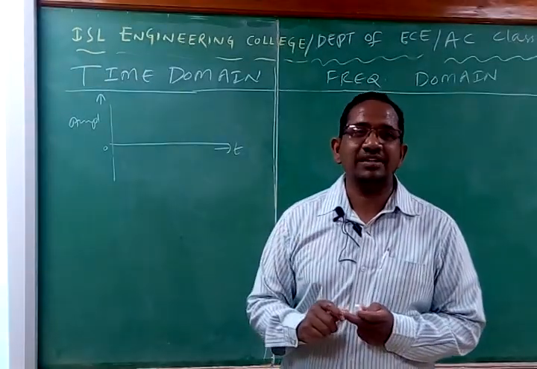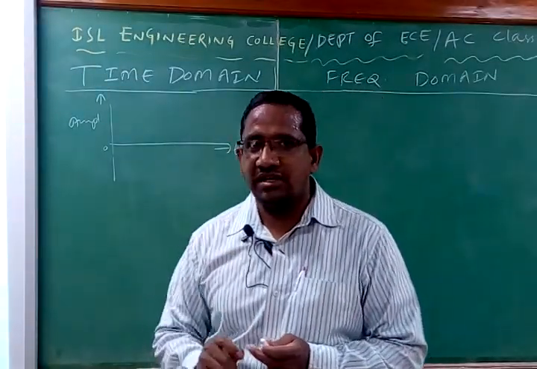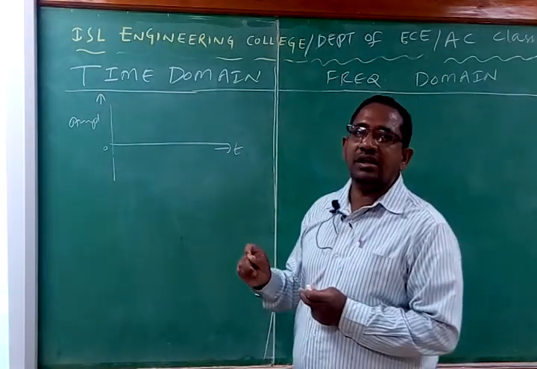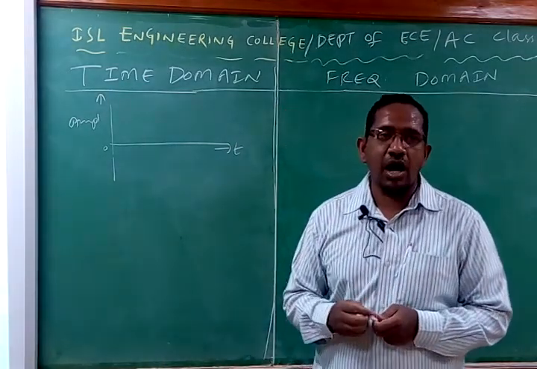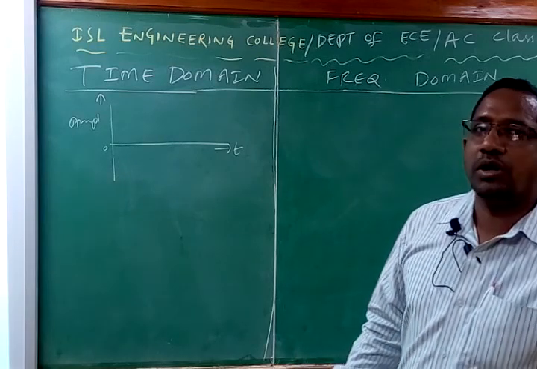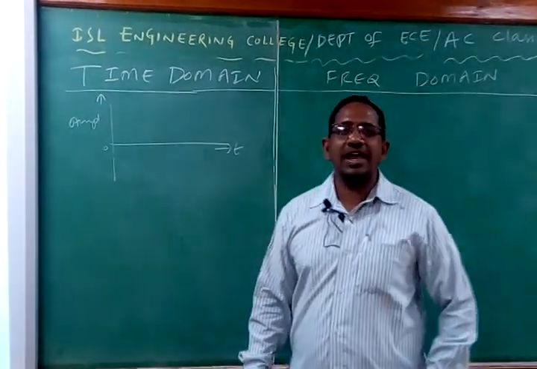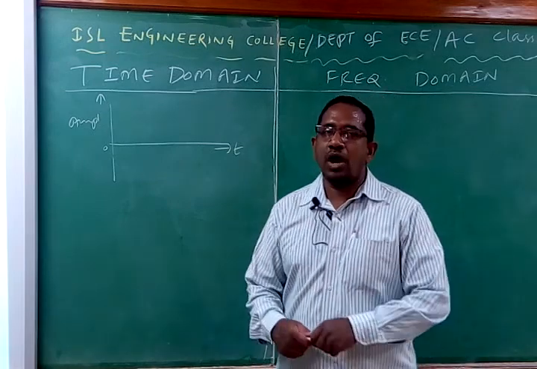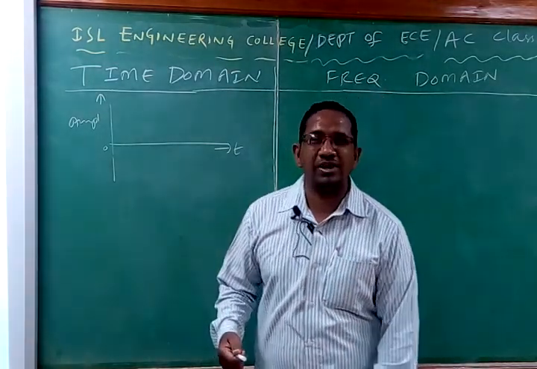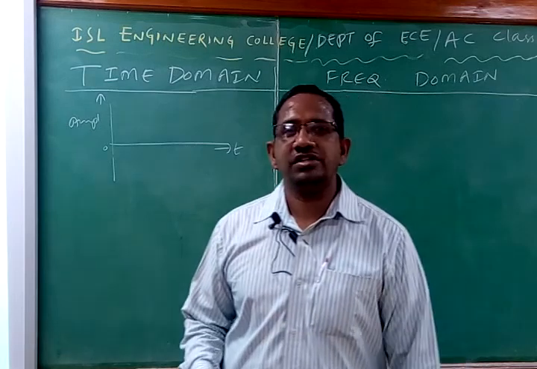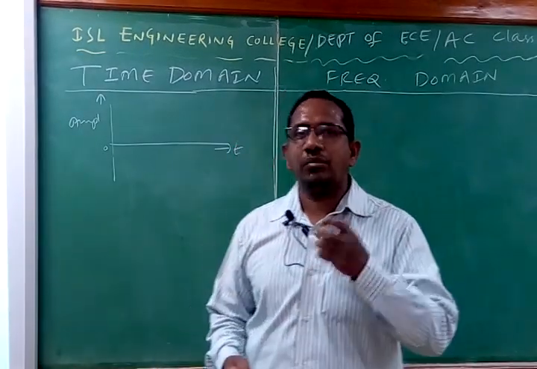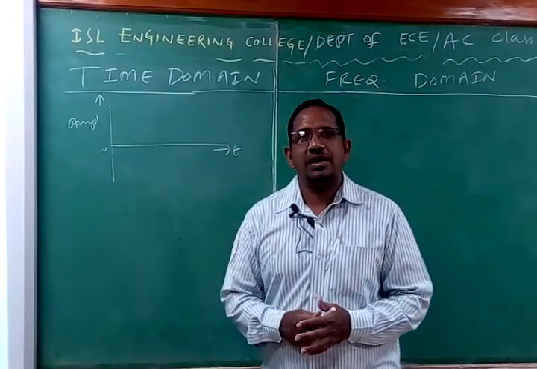What is the carrier signal? The high frequency signal is known as the carrier signal. What is the modulated signal? After modulation we get the AM modulated signal. So after modulation the signal is known as the modulated signal, before modulation it is known as the carrier signal, and the modulating signal is the actual message signal.